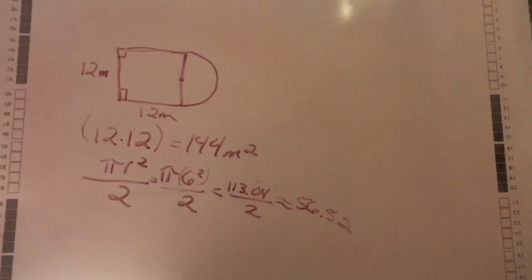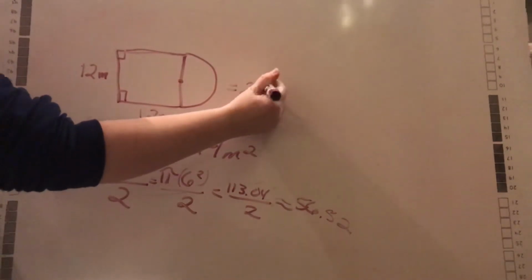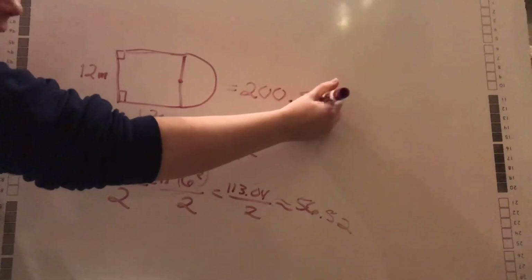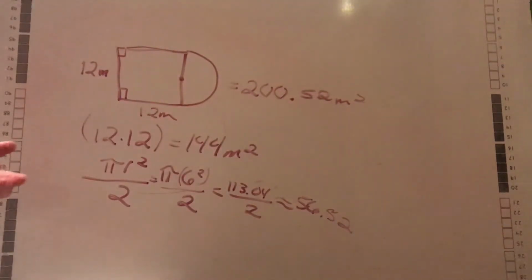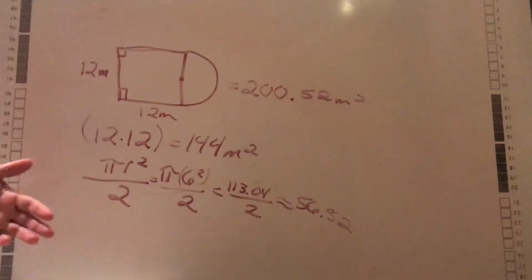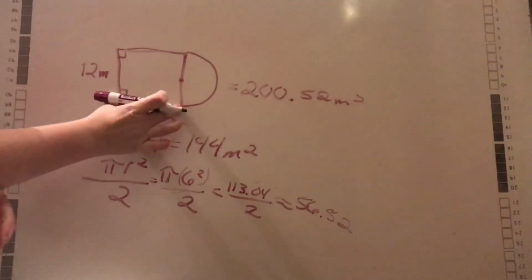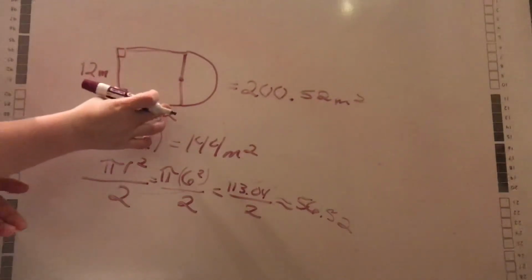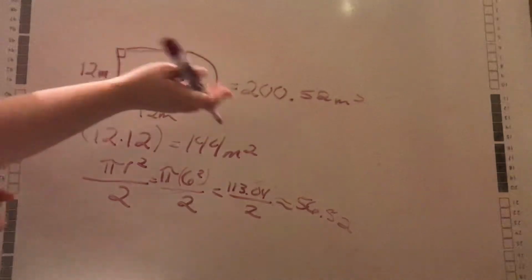So 144 plus 56.52 is going to give us 200.52 meters squared. So with all of our shapes that you do in this lesson, you're just going to find the two different shapes and add them together. So for this one, it's finding the square and then half of a circle. You add those together and you get your answer.